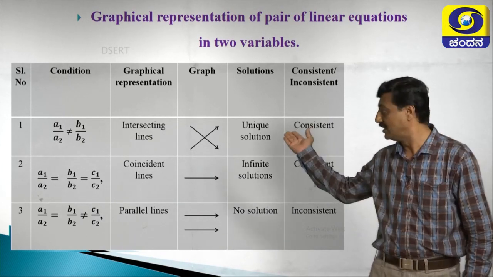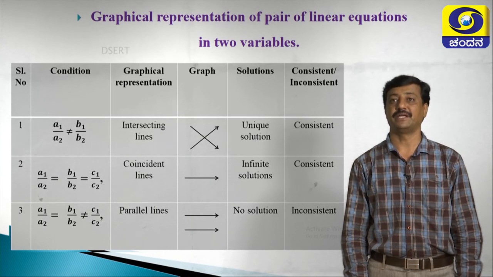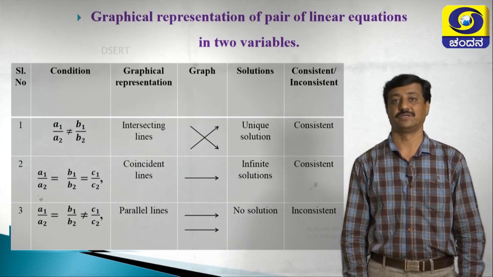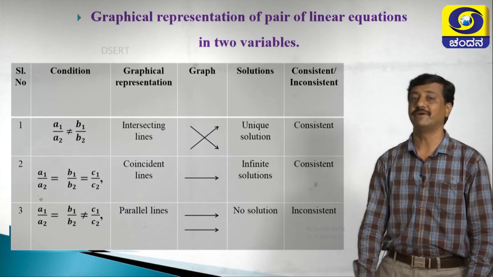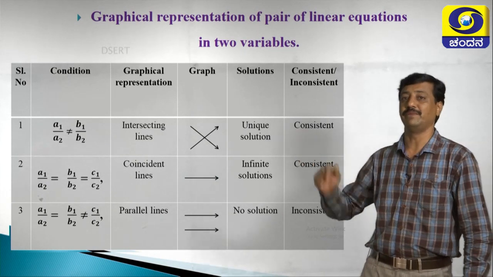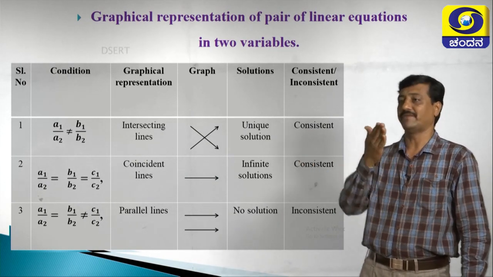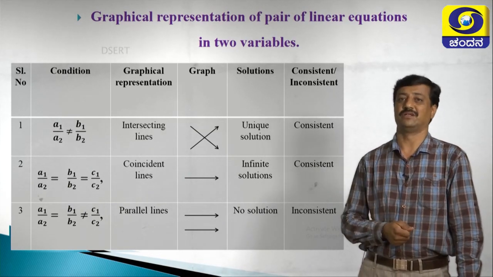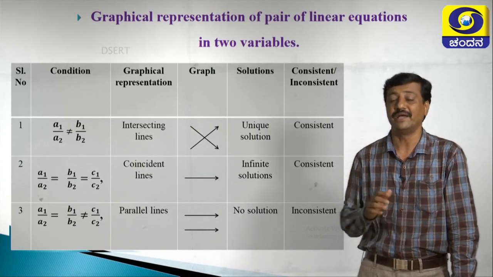Here is a table that shows the different graphical representations for the pair of linear equations in two variables based on the three values. In the first point, if the value of a1 by a2 is not equal to b1 by b2, I mean, if you compare the ratios a1 by a2 with b1 by b2 and the two ratios are not equal, then the graph of the given pair has intersecting lines.